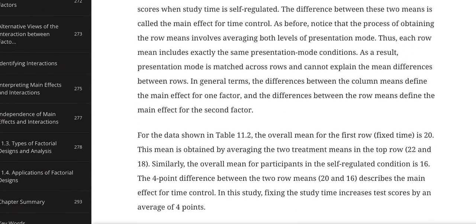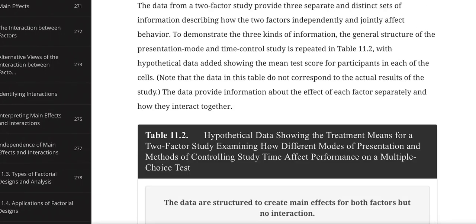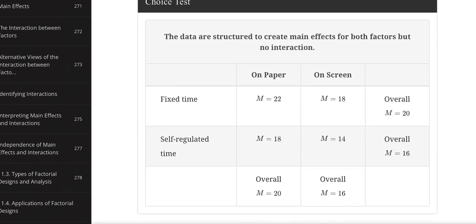Okay. Whereas if we went back to the 11.2 table or matrix, you can see that they don't depend on each other, right? Like the difference is the same. So we see 22 to 18, that matches the trend of it going down, right?